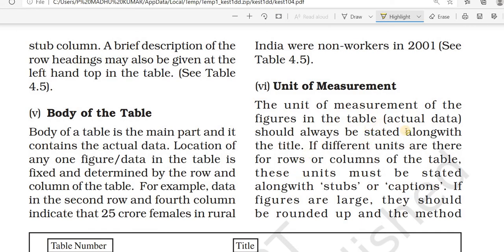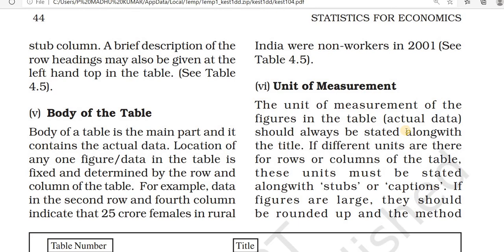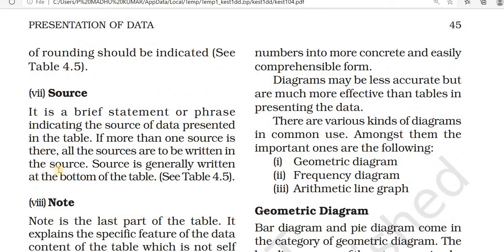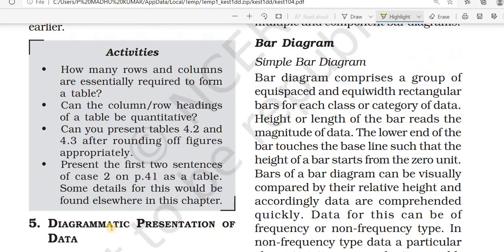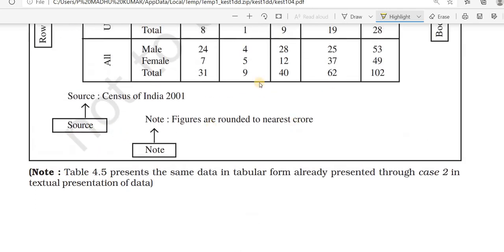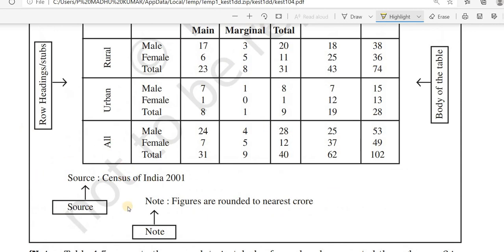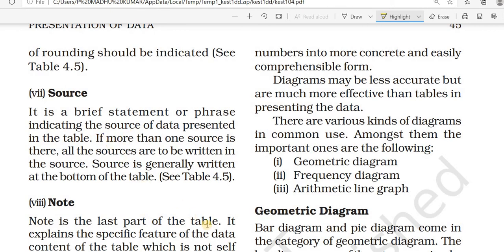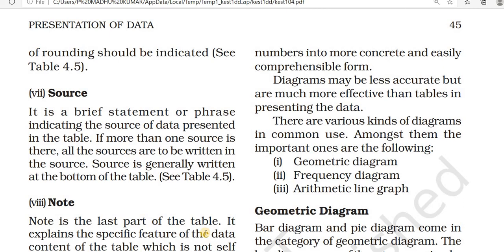Then we can understand whether it is in crores, millions or billions. The next one is the source. The source is a brief note indicating where the information presented in the table came from. Here, from this we can understand it is the Census of India, from where we got this information. The source is generally written at the bottom of the table.